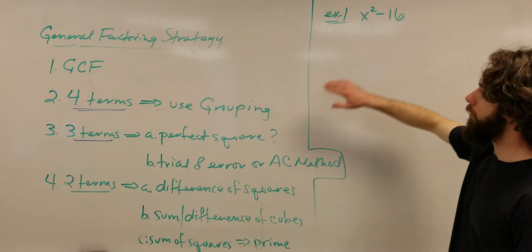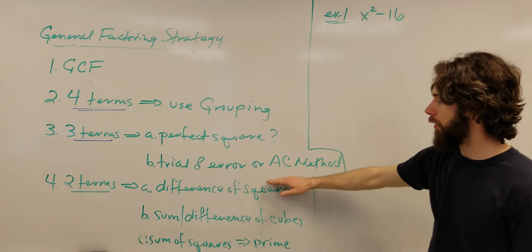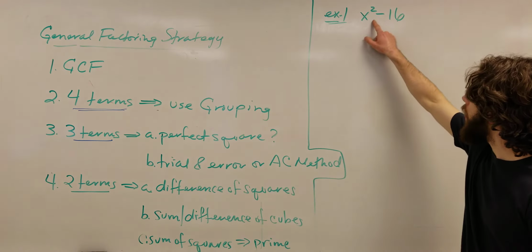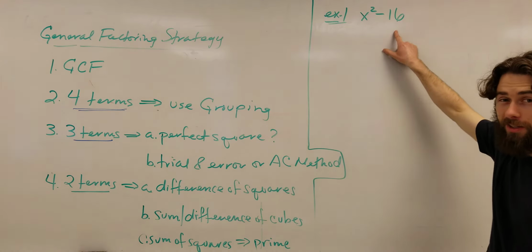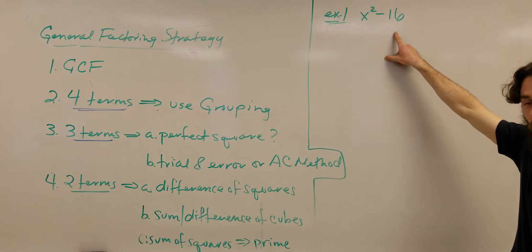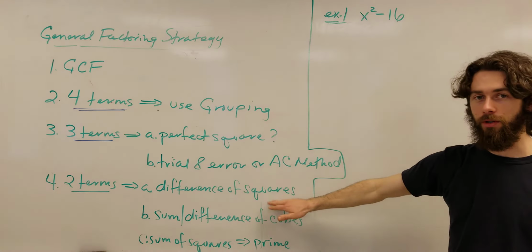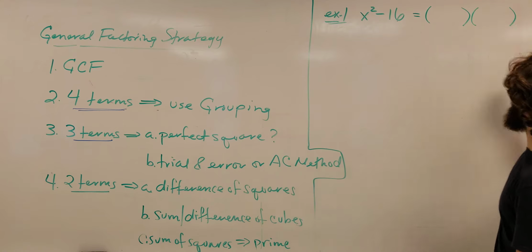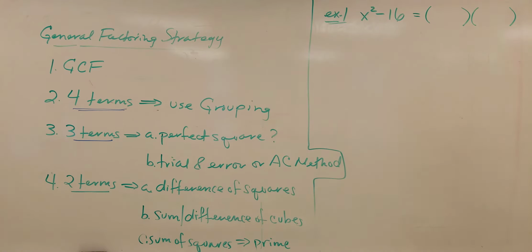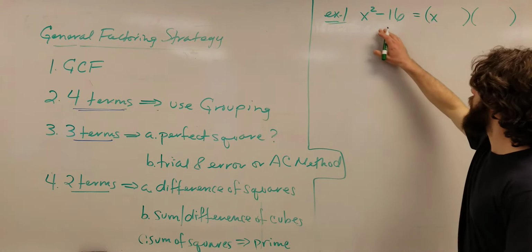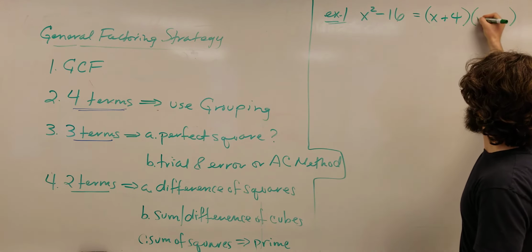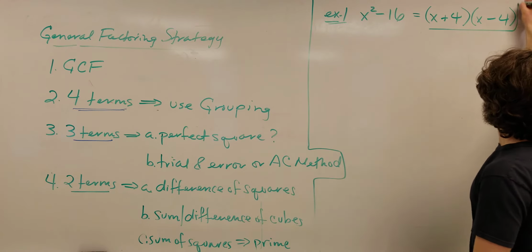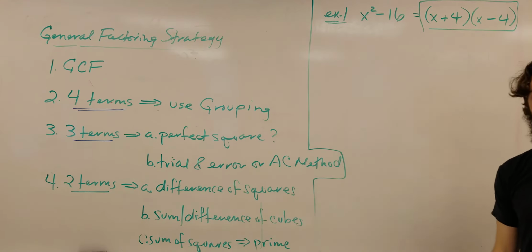Now we have 2 terms, and our highest power of x is an x squared. 16 is also a perfect square, the square of 4. So it looks like we have a difference of squares. We can factor that as x plus 4 times x minus 4. Nice.